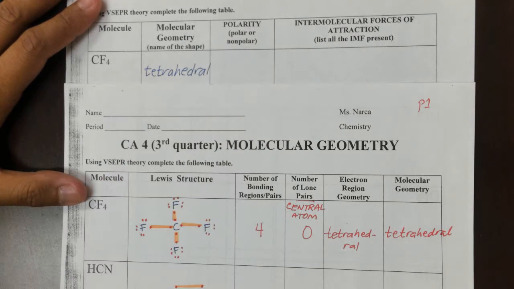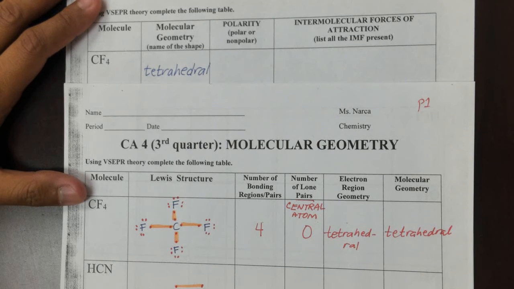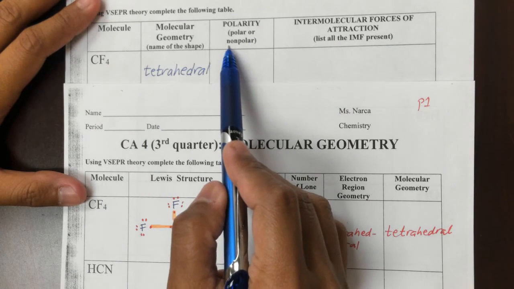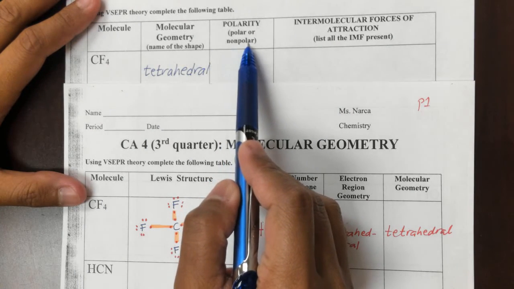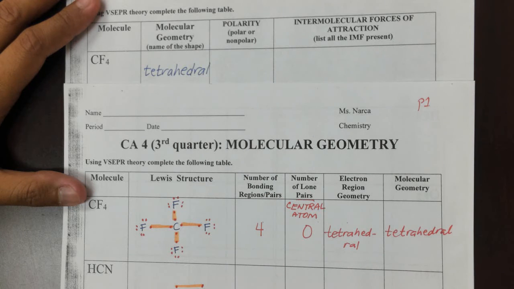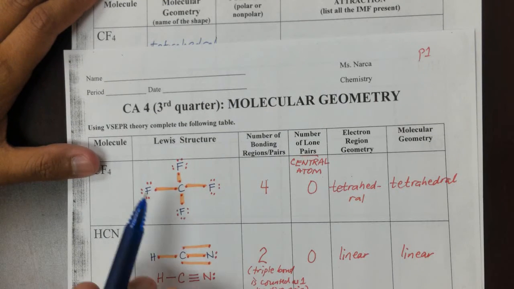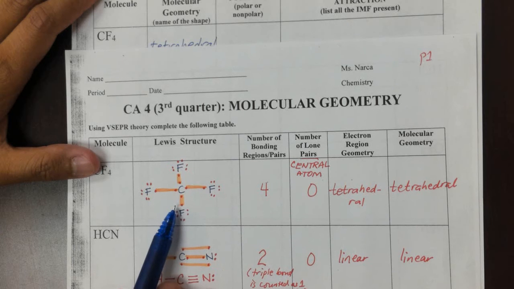So remember the notes that you copied on the conditions for nonpolar molecules. Let's look at those two conditions for nonpolar. The first condition is there should be no lone pairs in the central atom. How do we know that? Let's go back to the Lewis structure, that's the only way.